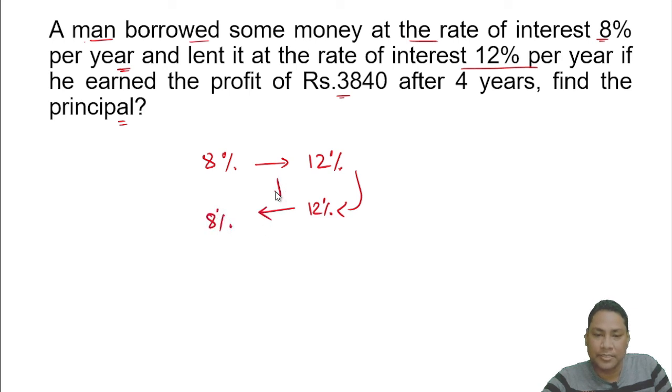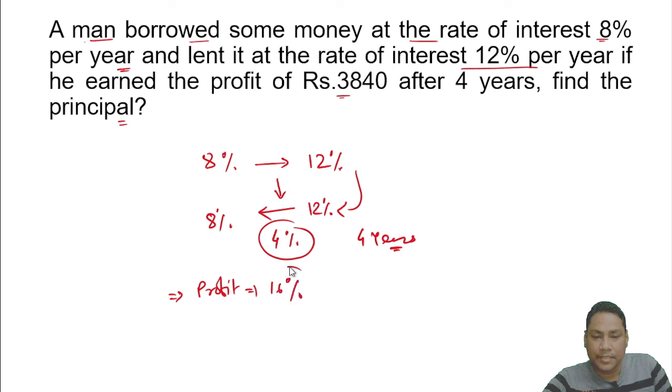So here he has made profit of 12 minus 8, that is 4% per annum, and he has taken for the period of 4 years. So the total profit or interest he has taken becomes 4 into 4, 16%. Here the total profit 16% is given as 3,840.